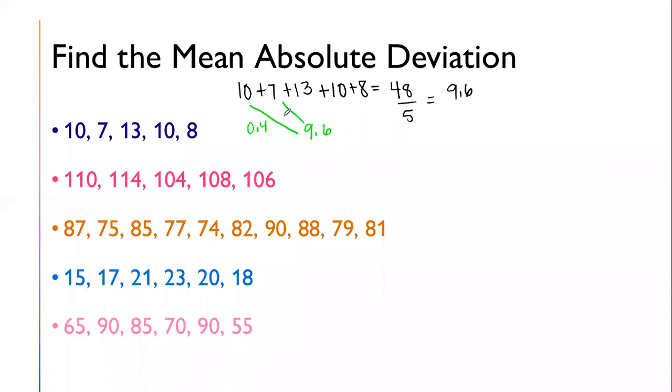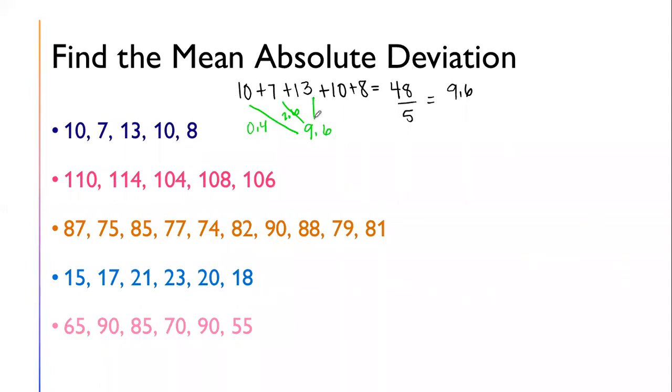Yes, 2.6. 13, yes, ma'am. So I'm subtracting. So 10 minus 9.6 is 0.4. 7 minus 9.6, or 9.6 minus 7, is 2.6. So yeah, I'm subtracting because I'm trying to see how far each number is from each other.